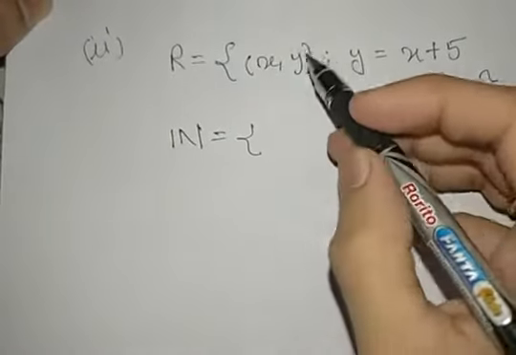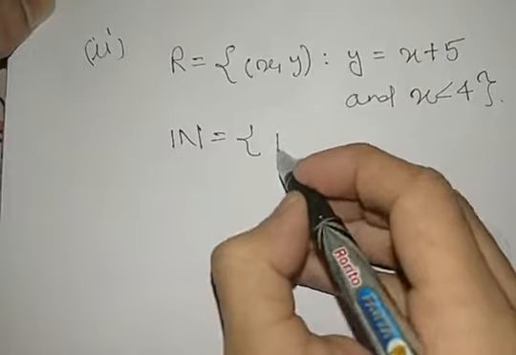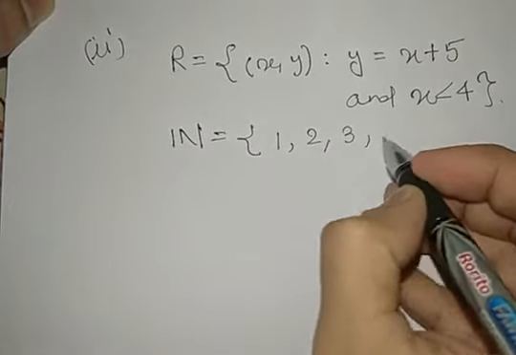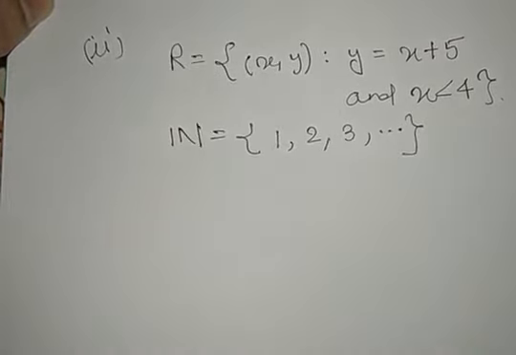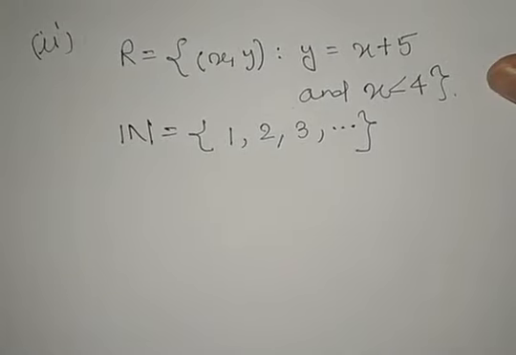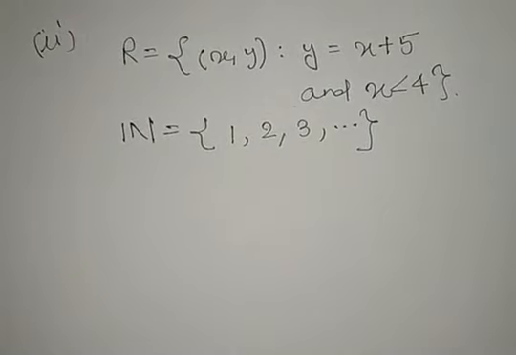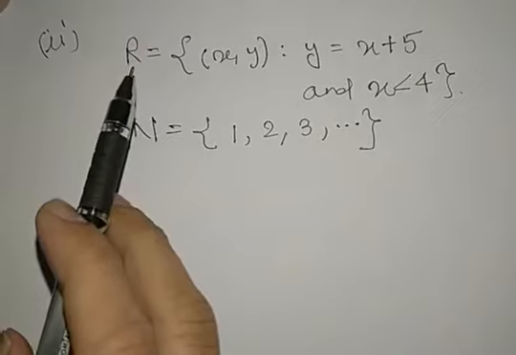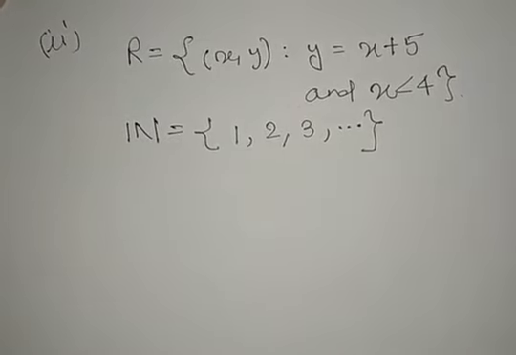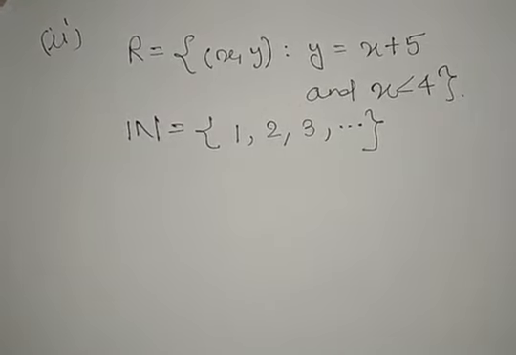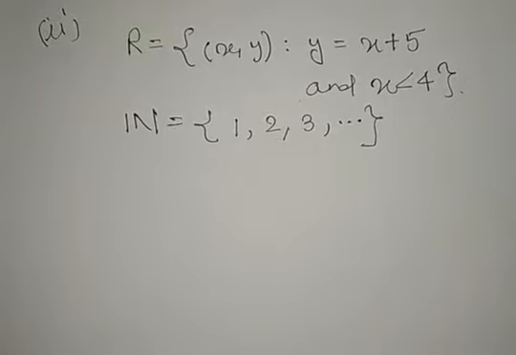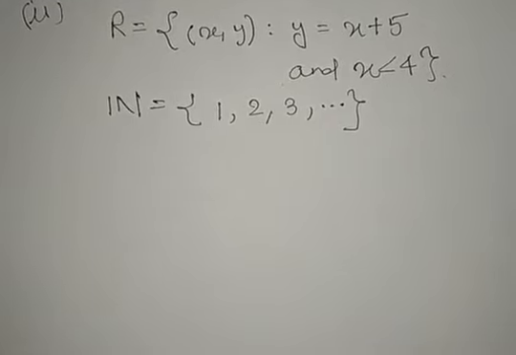All these elements x and y are from the set of natural numbers, that is 1, 2, 3 and so on. You have to determine whether the relation R is reflexive, symmetric or transitive.